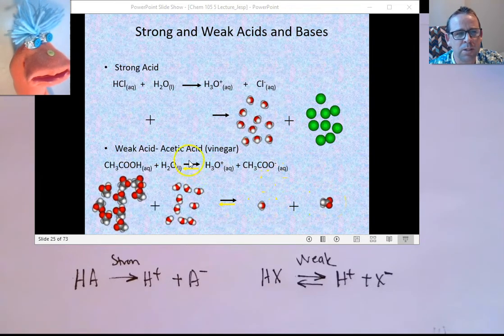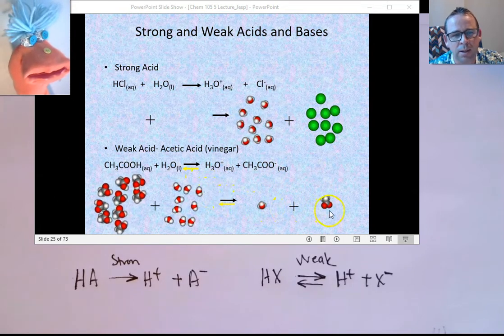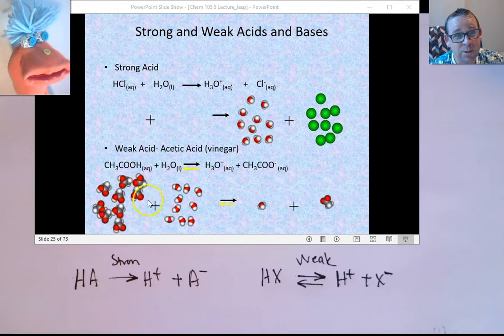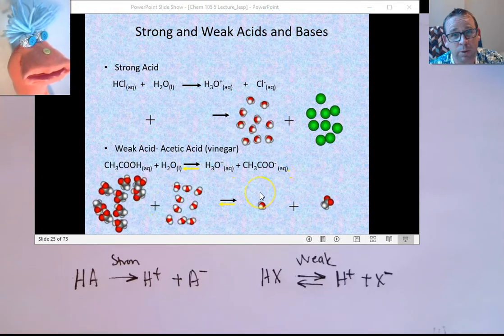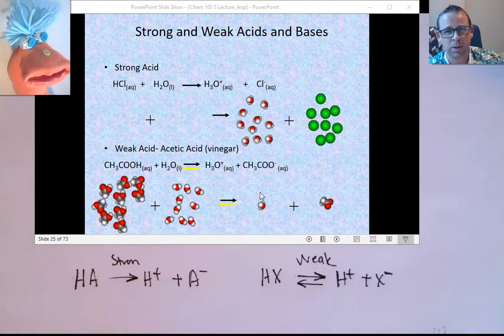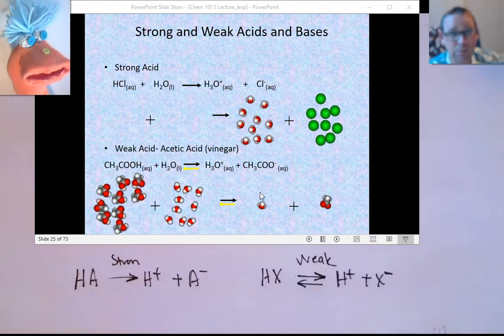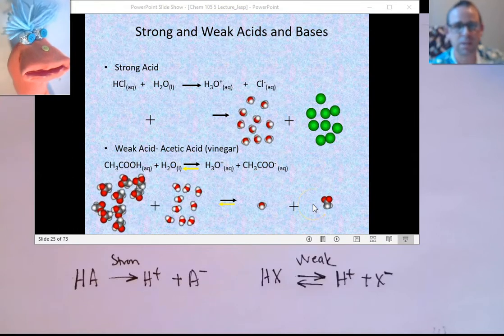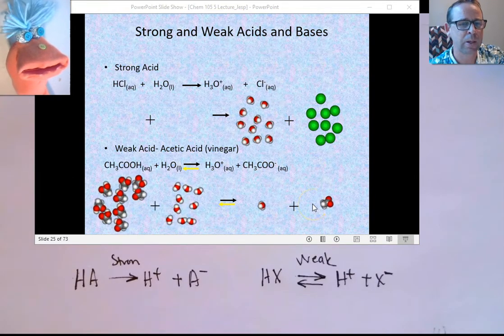And we include a second arrow there to show that these two will go back very quickly. But as soon as they go back, there will be another one at the same time going forward. So at any one moment in time, there is an amount of dissociated acid here, but it is not a significant amount. Okay? All right.